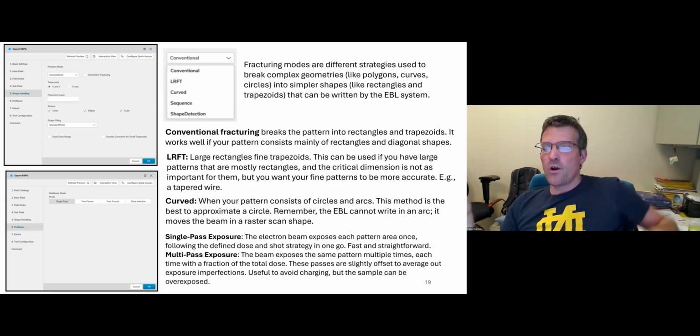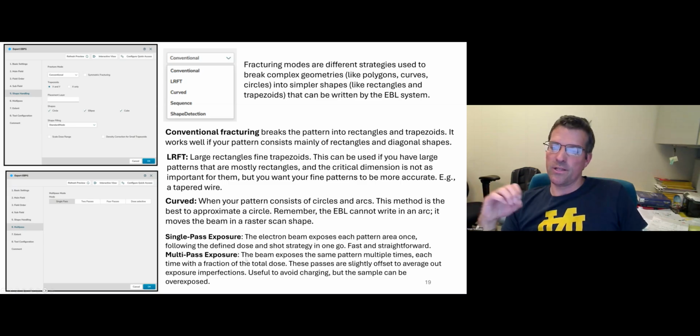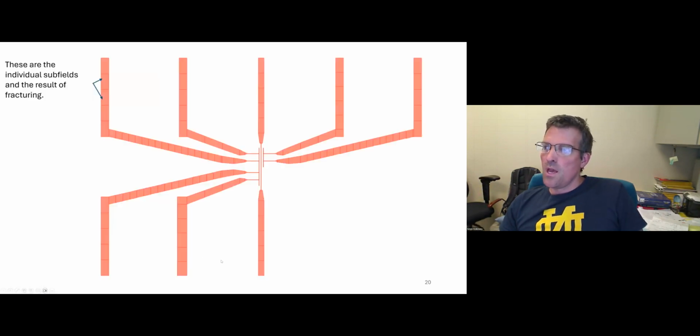So if you have some conducting path on your sample, then it is possible to reduce charging that way, because you don't get the full dose all at once, or the charging is just going to be more neutralized. But I never really use that. Probably some people need to use it.